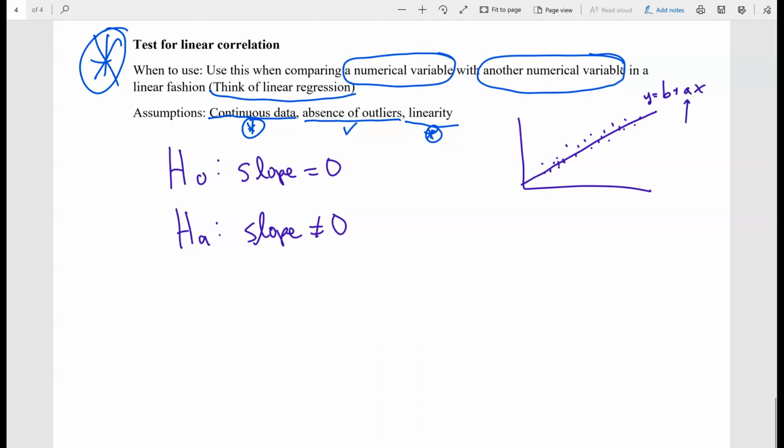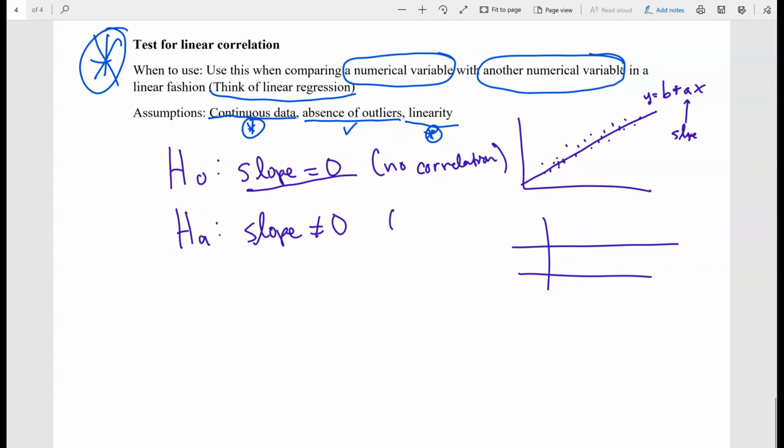So a, in this case, is your slope. If your slope is 0, that means that it looks like this. This is telling you that there is no correlation. Okay? The other one's telling you that there is some sort of correlation. Don't know what kind of correlation there is, but there's a correlation there. Okay? So that's basically what that's telling you.